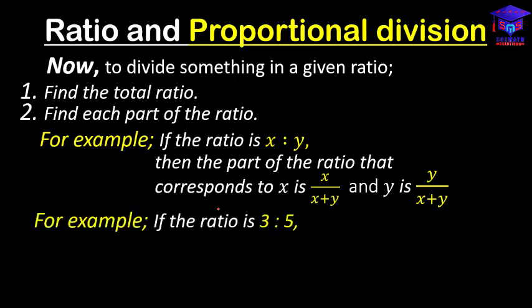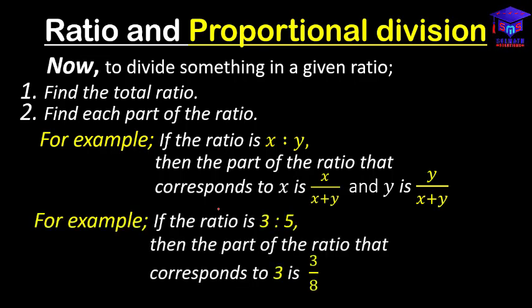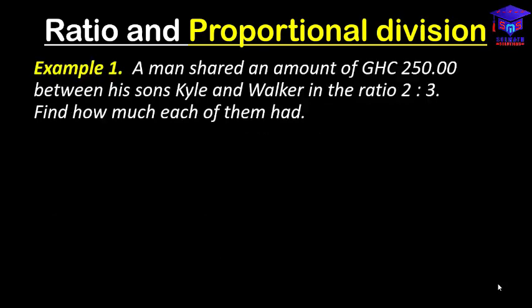So for example, if we have the ratio 3 is to 5, then the part of the ratio that corresponds to 3 is 3 over the total ratio, which is 8. And then the part that corresponds to 5 is 5 over the total ratio, which is what? 8. Alright, so let's go ahead and take some examples.